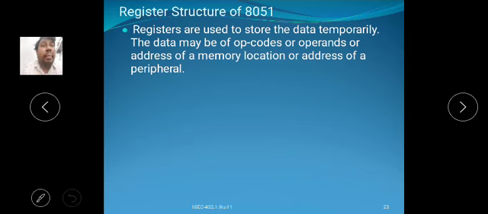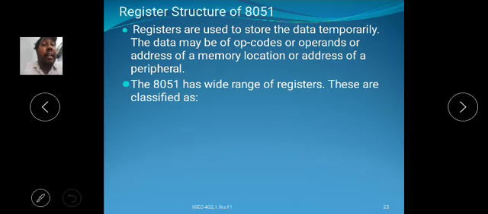The data may be opcodes or operands, or the address of a memory location, or the address of a peripheral.